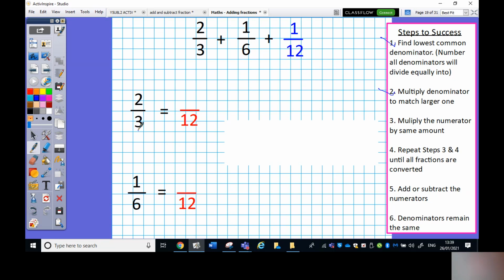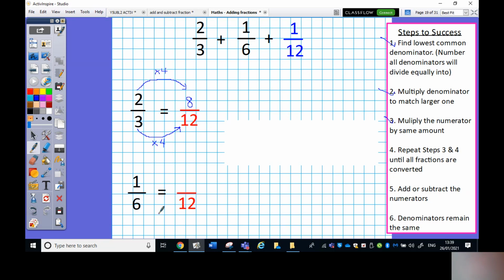So here is my smaller denominator, and I need to match it to this one, 12. What must I do to 3 to get 12? Good, I need to multiply it by 4. Now, I need to multiply the numerator by the same number. 2 times 4 equals, tell me. Good, 8. Well done. So I know that the first equivalent fraction to 2/3 is 8/12.